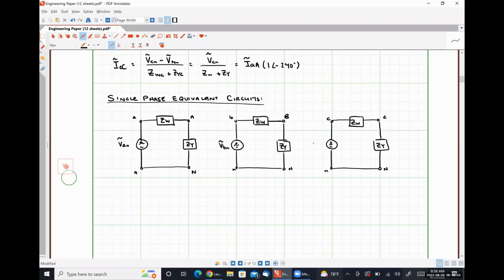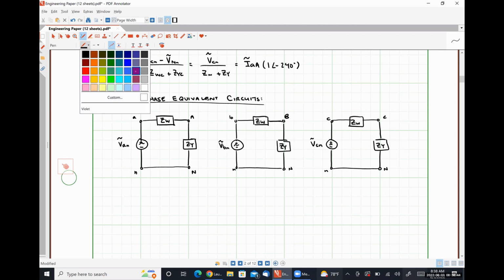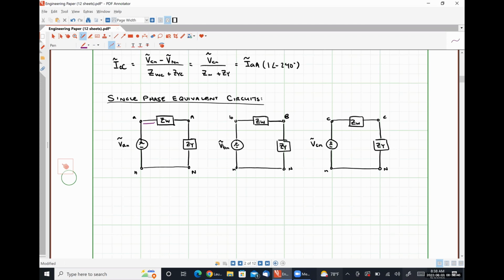And using these single phase equivalent circuits, we can determine some quantities extraordinarily easily. Okay? So for example, we can easily determine our line currents, IAA, IBB, and ICC.